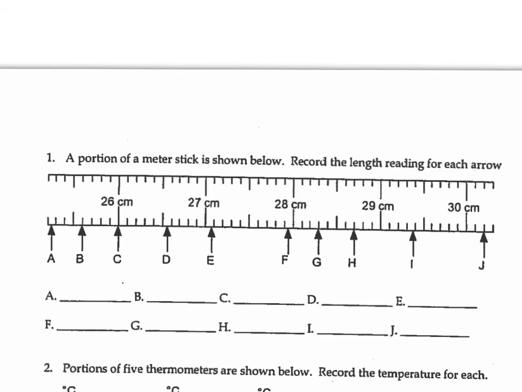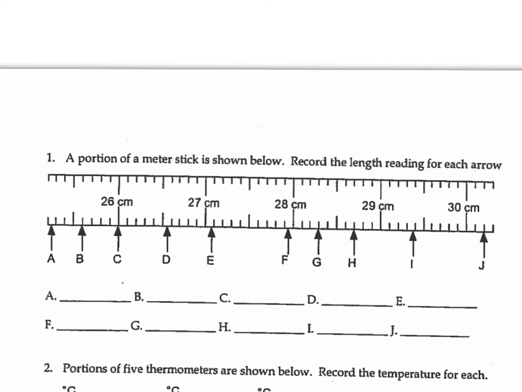On this ruler, I have graduations that are to the tenths place of centimeters, because this is 26, this is 27, this is a jump of 1 centimeter, this is a jump of another 1 centimeter, and then another 1 centimeter. Each one of these marks is a tenth of a centimeter.